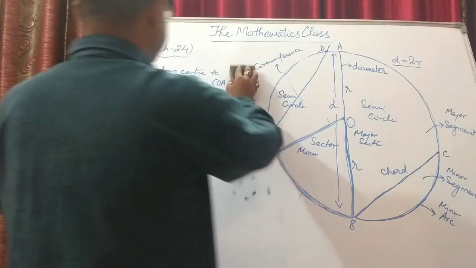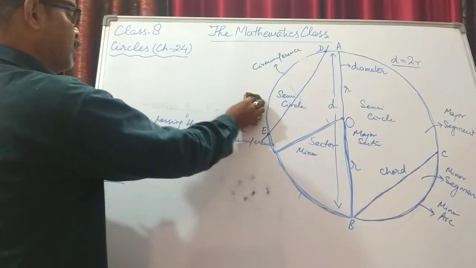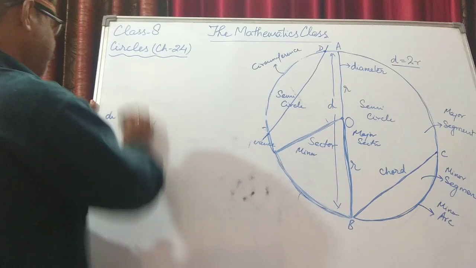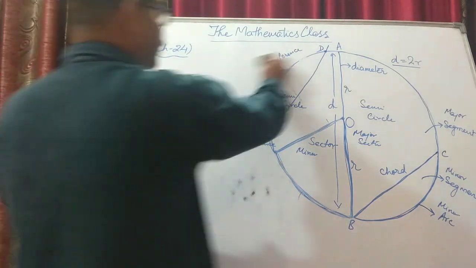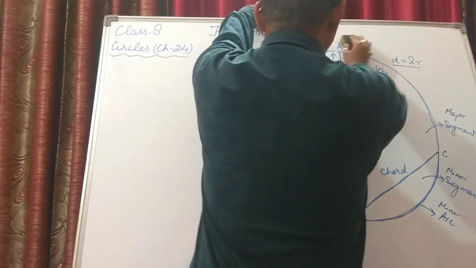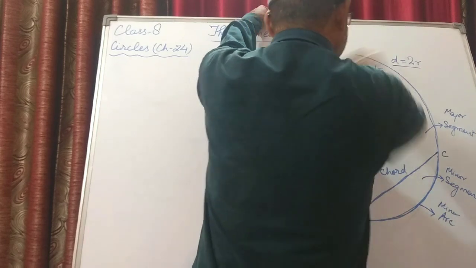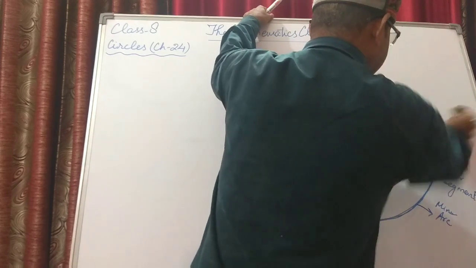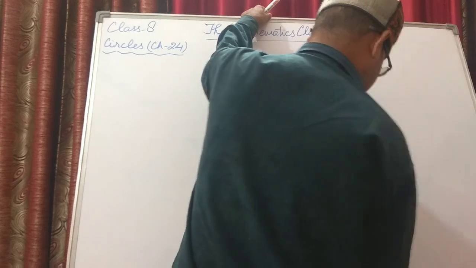One more thing is there, that is tangent. What is a tangent? If a straight line touches a circle at only one point, then that line is known as tangent of the circle.